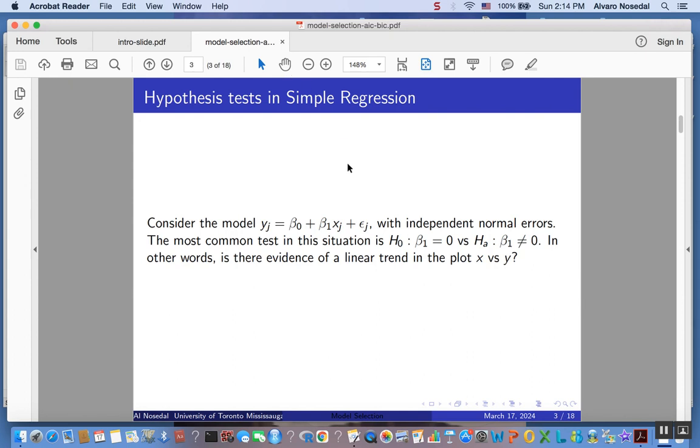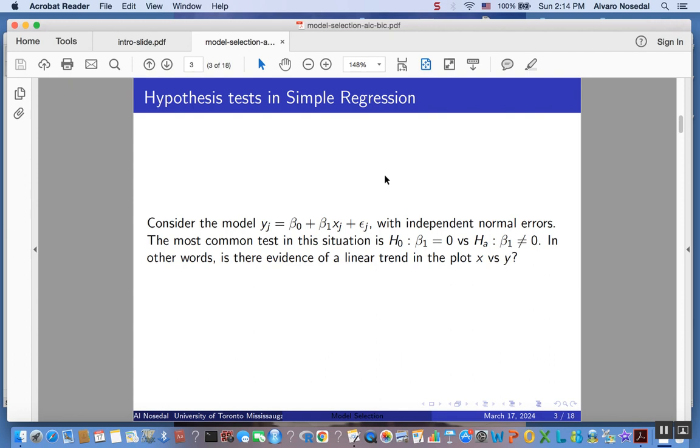Just as a reminder, we refer to this model as a simple linear regression model because it includes only one predictor. The error term, as usual in a linear regression model, has a normal distribution with mean 0, variance sigma squared, and the epsilons are IID, independent and identically distributed.